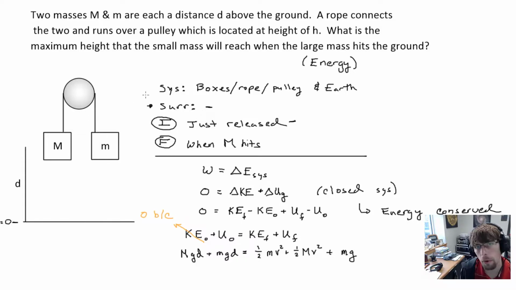And now my figure's a bit poor, but again, taking advantage of the idea about that rope not stretching or any funny business with the rope or the pulley, if big M goes down a distance of d, little m must have gone up a distance of d. So when big M hits the ground, little m must now be at a height of 2d.